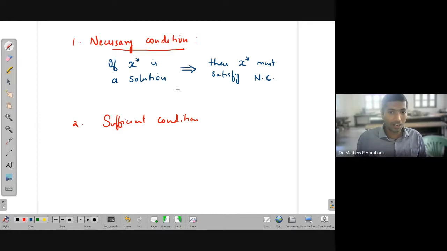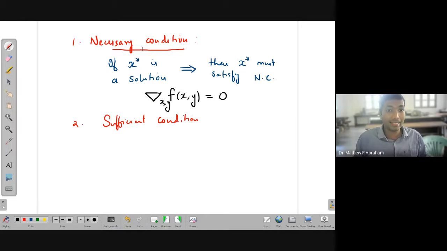In this unconstrained optimization problem, the necessary condition is the gradient, the first derivative, gradient of f. The gradient is taking the derivative with respect to x as well as y in this case. So the gradient of f needs to be equal to 0.